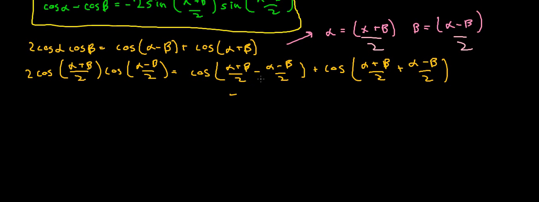So for this cosine, the alphas will be eliminated. For this cosine, the betas will be eliminated. So this will leave cosine. Well, we'll just do it in order. Cosine alpha plus cosine beta.